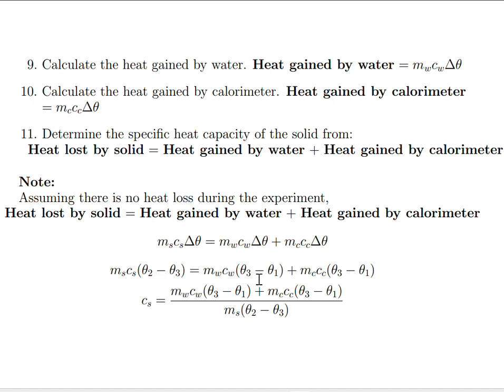Then for the case of water, remember water was at relatively low temperatures. So it is going to be the final temperature of the mixture minus the initial temperature of water. Then for the calorimeter, it is going to be the final temperature of the calorimeter minus the initial temperature of the calorimeter, which was θ1.